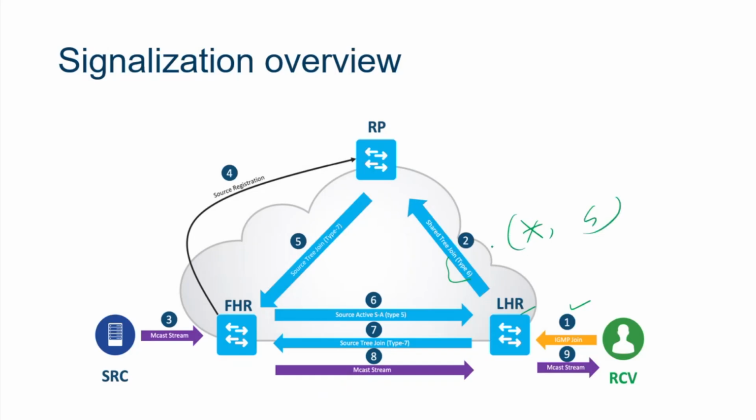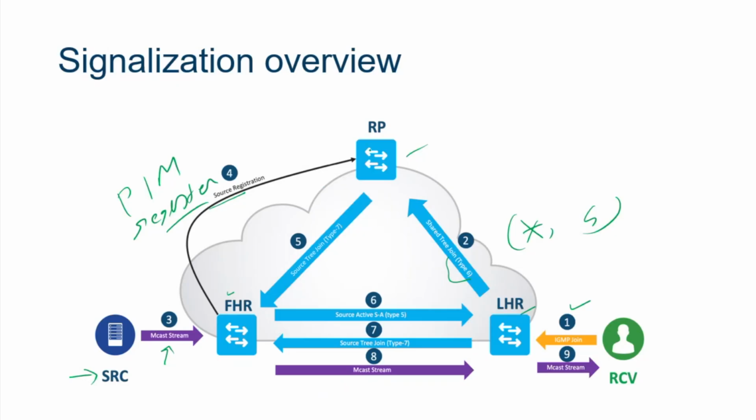Because only the receiver came online, there is no source, and that will go to the RP. Now some source came online, as you see here. It starts sending this multicast stream, and then this FHR will send this source registration, that PIM register message.